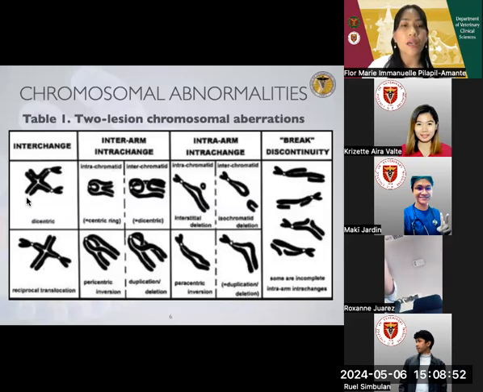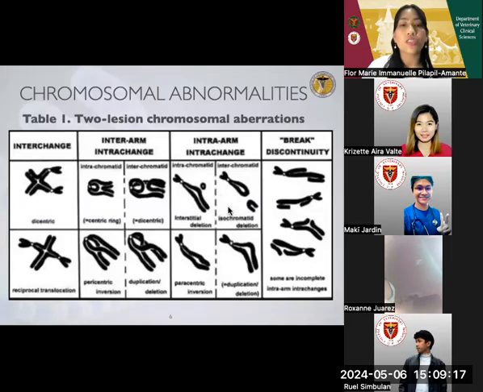Furthermore, we can combine these chromosomal aberrations into two-lesion abnormalities. So either we can have interchange, it could be dicentric, meaning at the middle part where you have your abnormalities. It can be centric ring, okay? At the middle, they would be joined together. Dicentric ring, okay? And then we have intra-arm interchange.